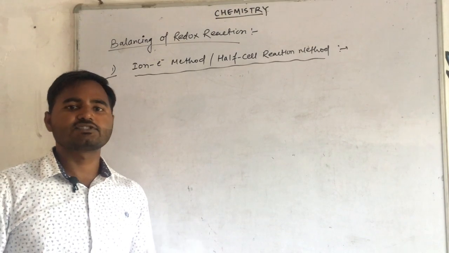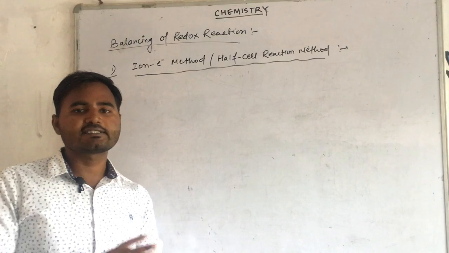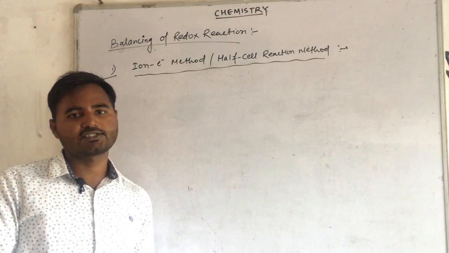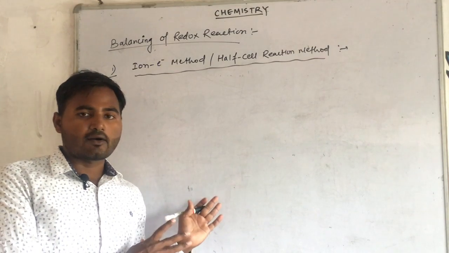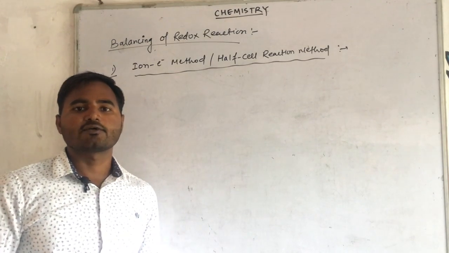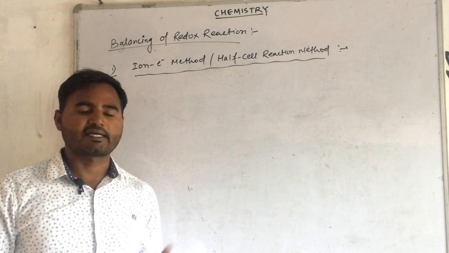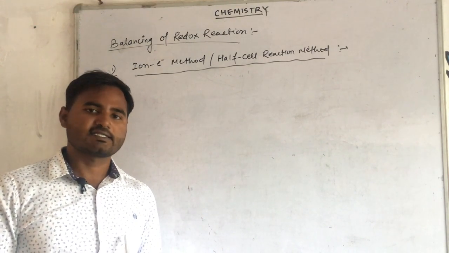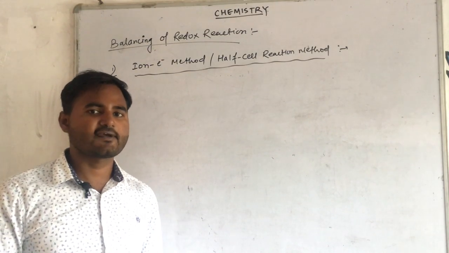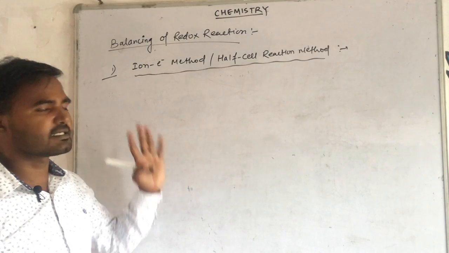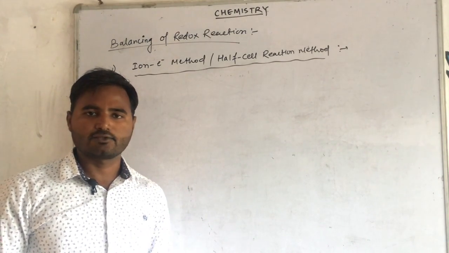So there is a changing of electrons, and if electrons are changing, that means charge is also changing. But in an ordinary equation there is no changing of electrons, so there is only balancing of atoms. But in a redox reaction there is balancing of atoms as well as balancing of charge. That's why we need a special method to balance a redox reaction. I think this is clear to you.